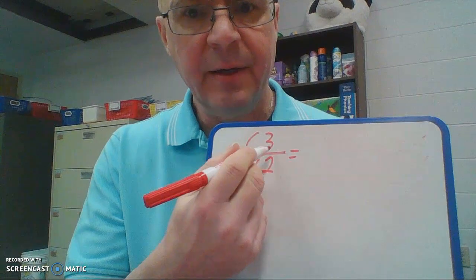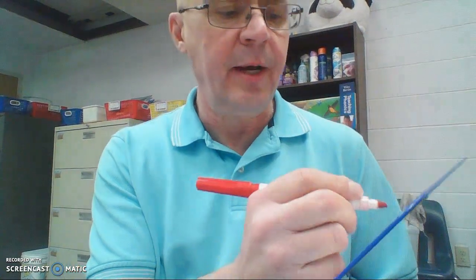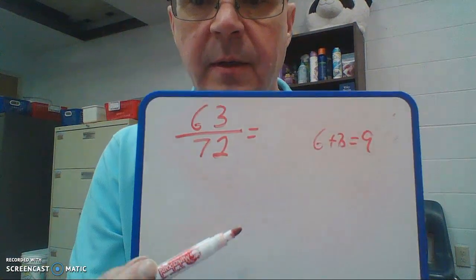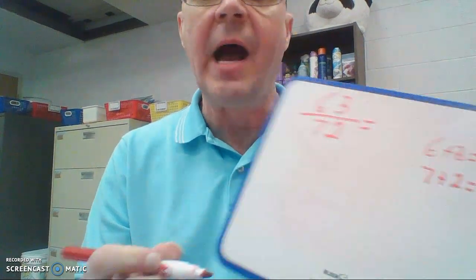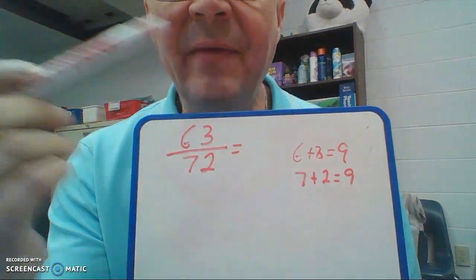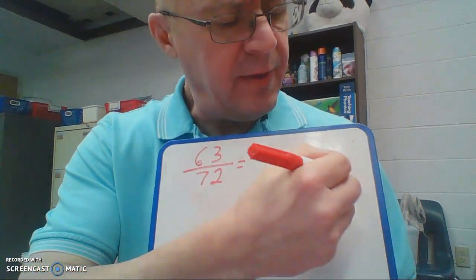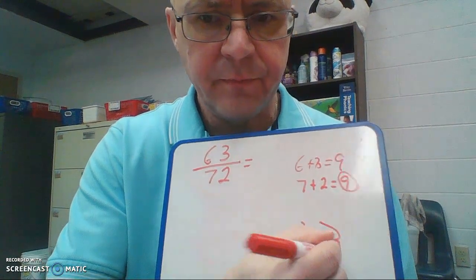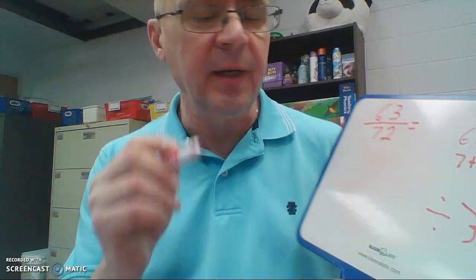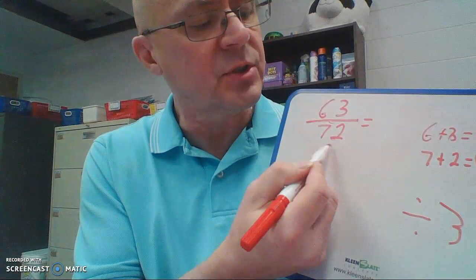I'm going to add the digits together. 6 plus 3 is 9. And then I'm going to add these two digits together. 7 plus 2 is 9. Now, if you add the digits together and the answers are divisible by 3, and you've got to believe me here, then these numbers are divisible by 3.